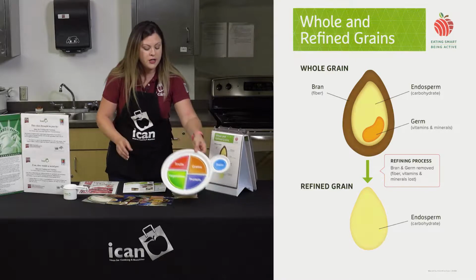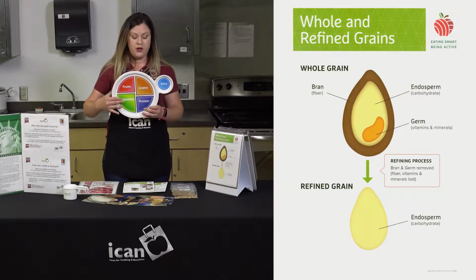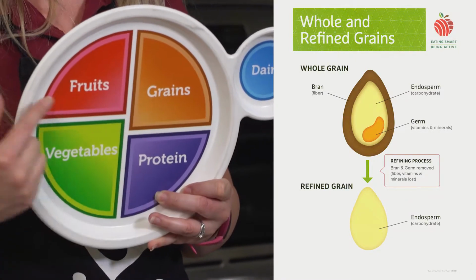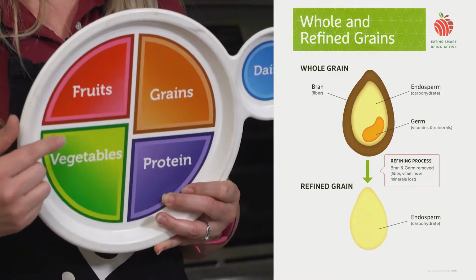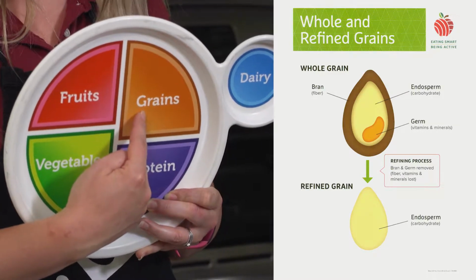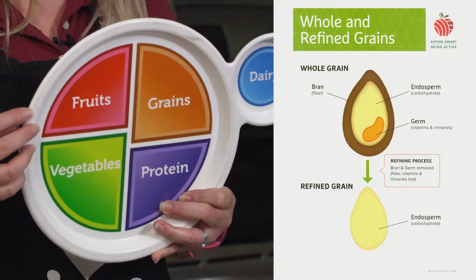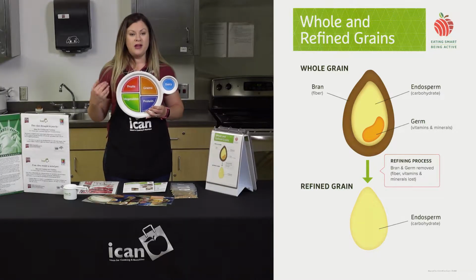Now I want to explain something about the difference in these two. Carbohydrates, when we are talking about grains, our grains group here does contain carbohydrates. This is the main nutrient from this group right here. And carbohydrates are necessary in our bodies on a daily basis. They give us energy, they help us begin our day.